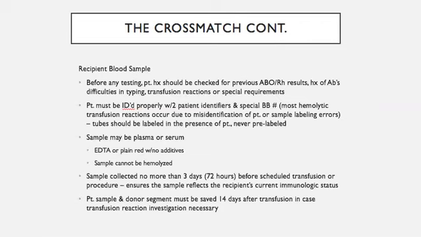Okay, the recipient blood sample. So before we start any testing, the patient history should be checked for previous ABO-RH result to see if the patient has a history of antibodies, if there had been any difficulties in testing and typing previously, any kind of transfusion reactions or special requirements.